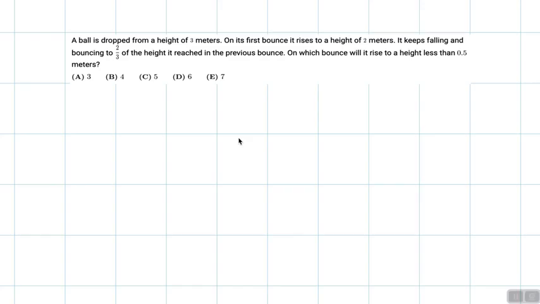Okay, so it goes from 3 to 2 to 2/3 of this, which is going to be 4/3. 2/3 times this is 8/9, and 2/3 times that is 16/27. 2/3 times 2/3 is 4/9, and 4/9.